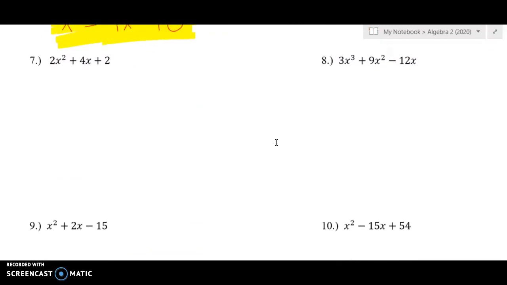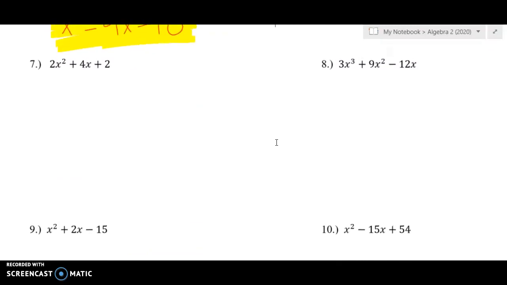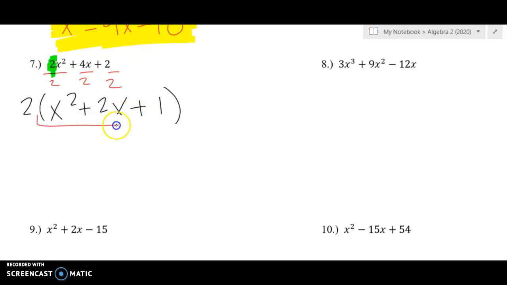Okay, here we go, a little bit more complicated. Number 7. I noticed that in the front, I talked about this in the beginning, it does not have a 1. So let's go ahead and get rid of that 2 by doing the GCF. So I'm going to take out a 2. That's going to leave me with x squared plus 2x plus 1. Now I have this trinomial, which I'm underlining, that I want to factor.